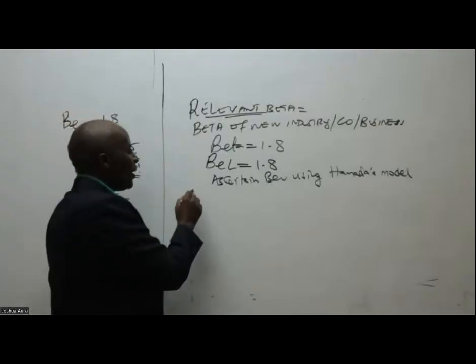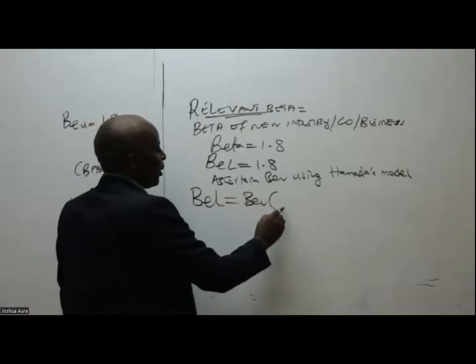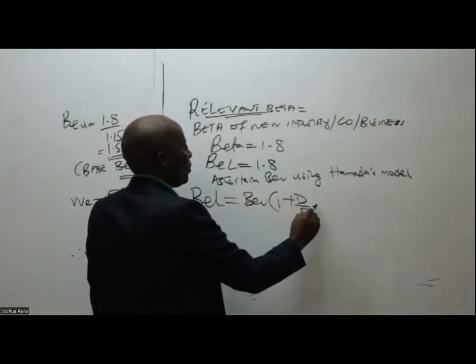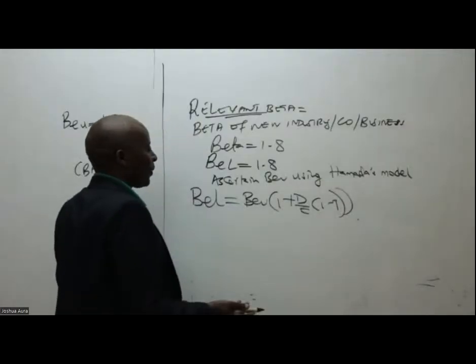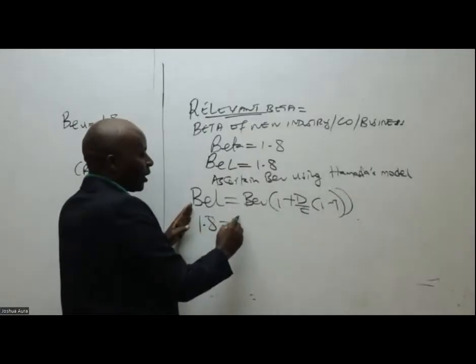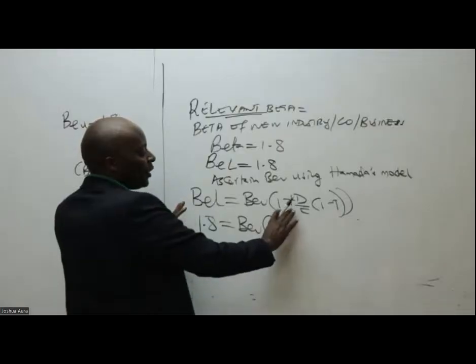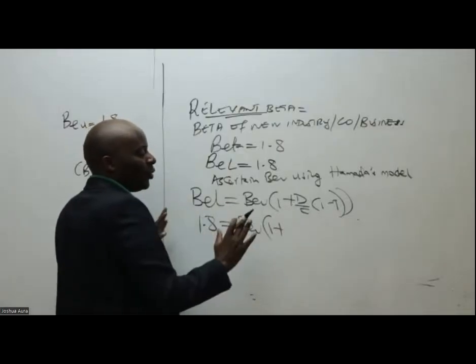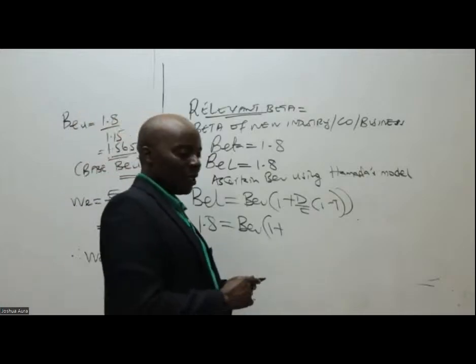So this is how Hamada's model looks: BEL equals BEU into 1 plus debt to equity ratio, times 1 minus tax. So whatever we have here is our BEL, 1.8. BEU is what I'm looking for, into 1 plus, remember everything here is about the new business, new industry.